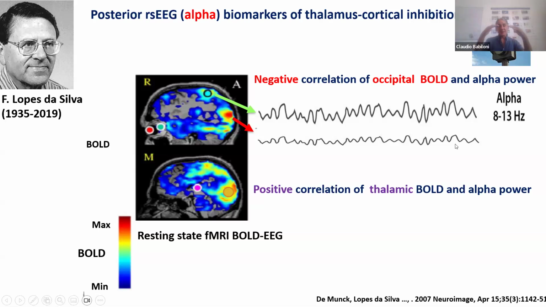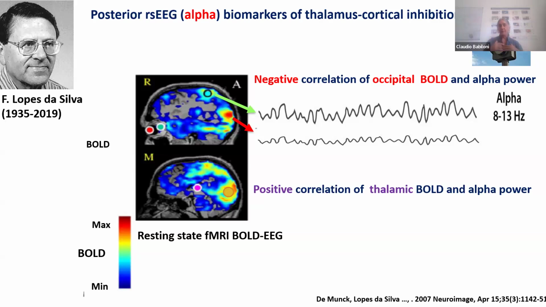So in other words, when there is a reduction of alpha rhythms from scalp recorded EEG, this is typically related to a significant increase of activity in occipital cortical areas. So the higher the cortical activity, the lower the amplitude of alpha rhythms.